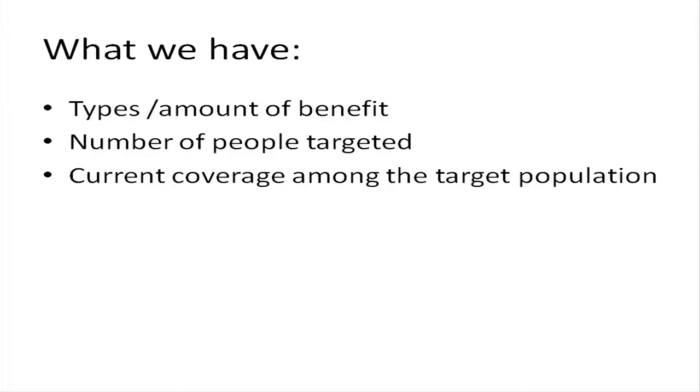We would have the types of benefits or amount of benefit that we will give. We will have the number of people targeted. That has to be clear, or the group that is targeted, that has to be clear in the beginning. And then for programs that are already existing, we need to know the current coverage among the target population.